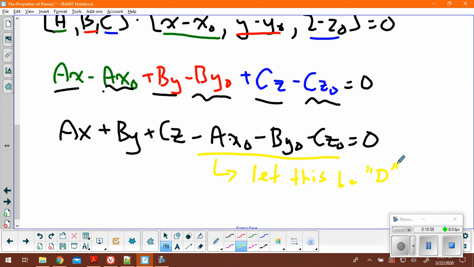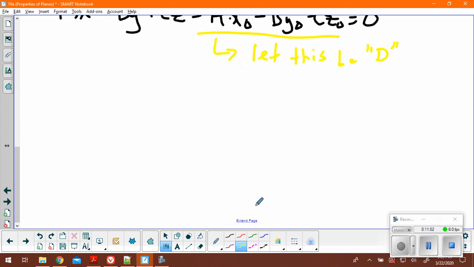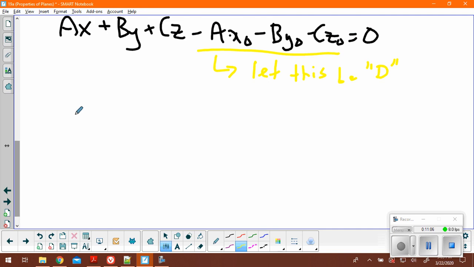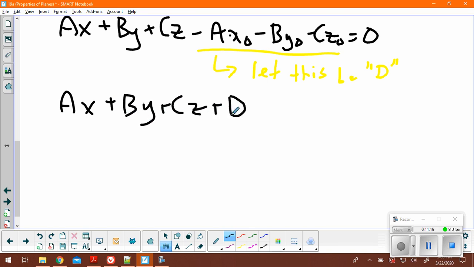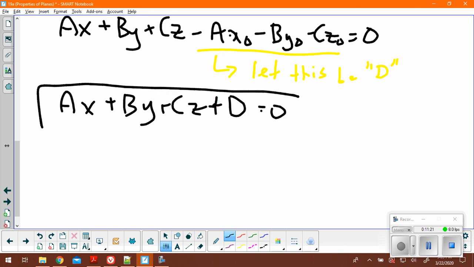I'm just going to call that chunk D, because it would be a number of some kind. And that gives us our form of the equation: ax plus by plus cz plus d, this constant from all those terms, is equal to 0. So that's where the scalar equation of a plane comes from.